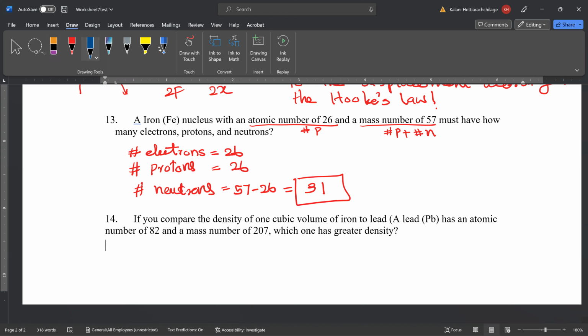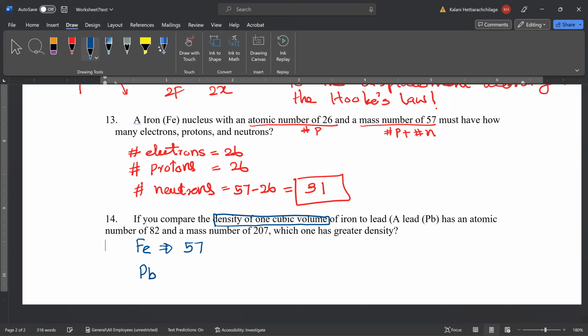Okay, so let's move into the last question. The last question is asking you to compare the density of 1 cubic volume of iron and lead, right? Those are the symbols in the periodic table for iron and lead. We have the information about the iron in question number 13. You see the mass number is 57.